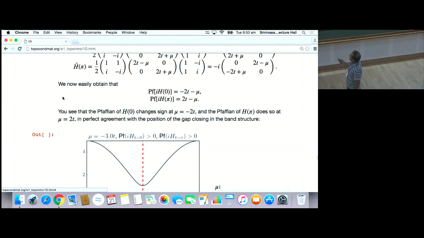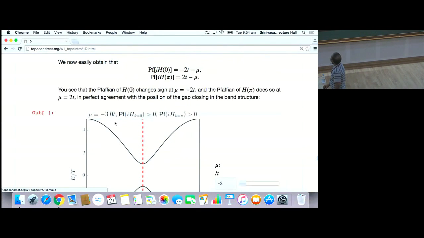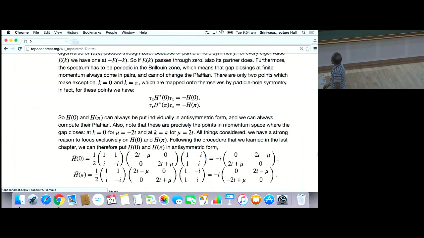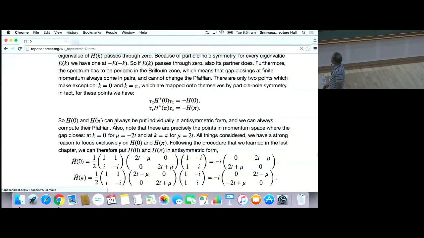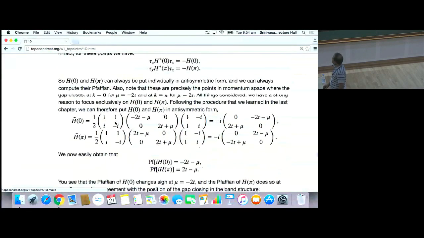You can do a little bit of algebra and check that the fermion parity at k equals 0 is minus 2t minus mu, and the fermion parity at k equals pi is 2t minus mu. That was the algebra that I'm skipping here, but it's quite trivial.